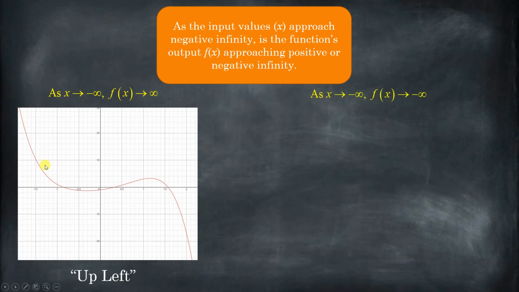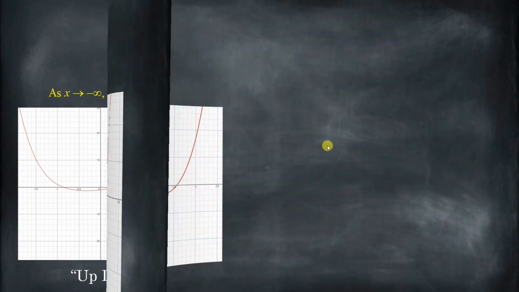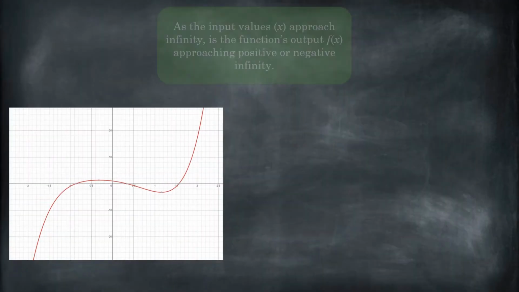Now, let's talk about the left side where the y's are decreasing. That's called down left. As the x values get smaller, they go to negative infinity. If the outputs are also smaller, we call that going down left. Now, what about the other way?